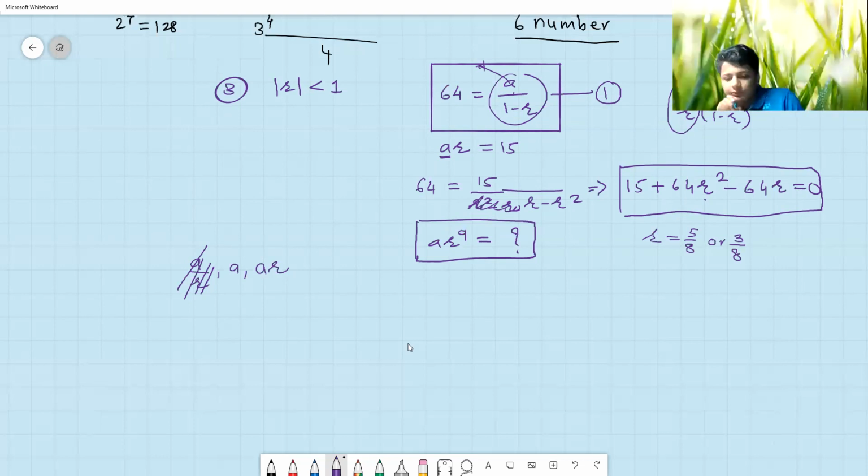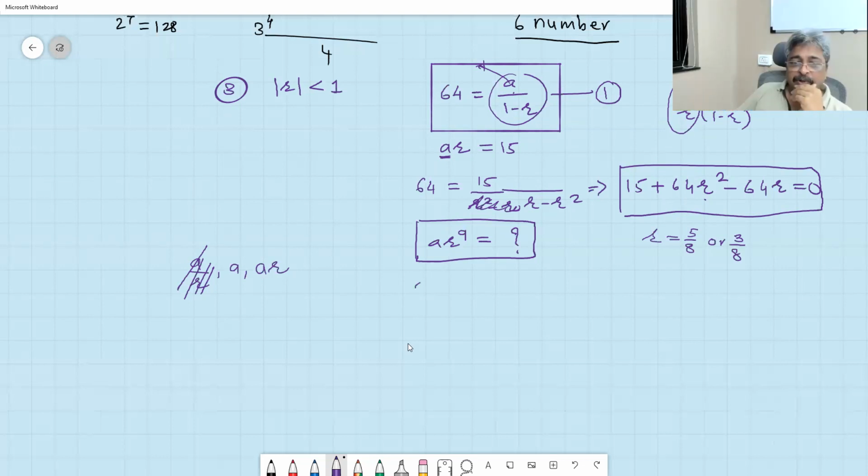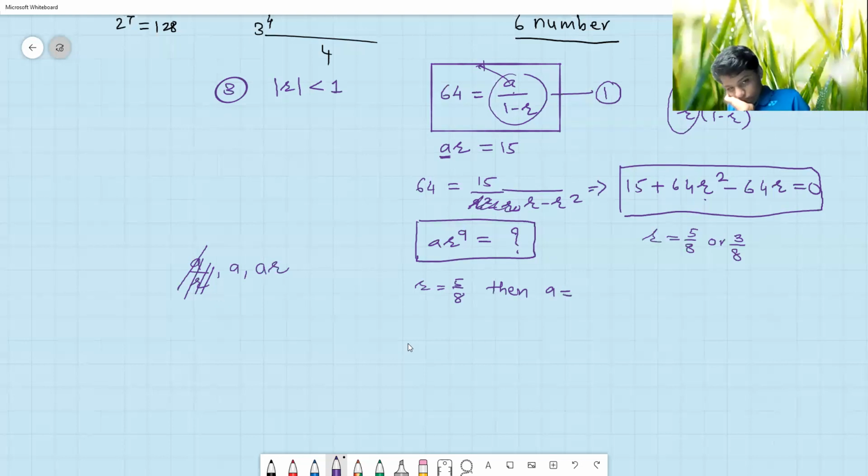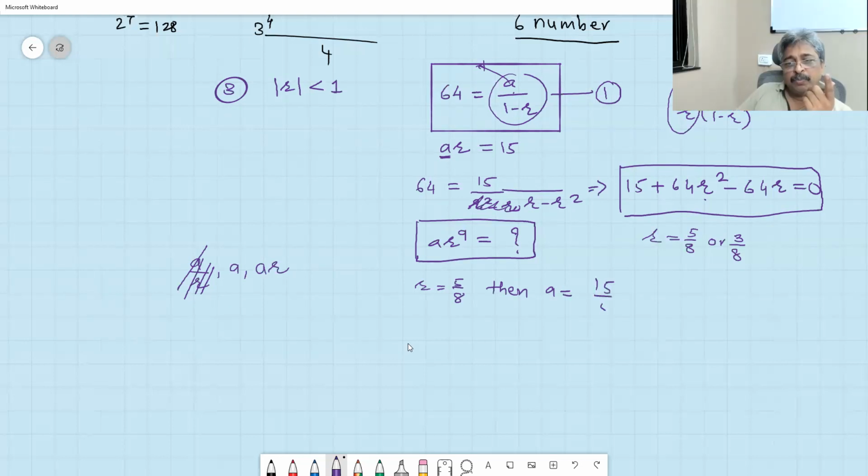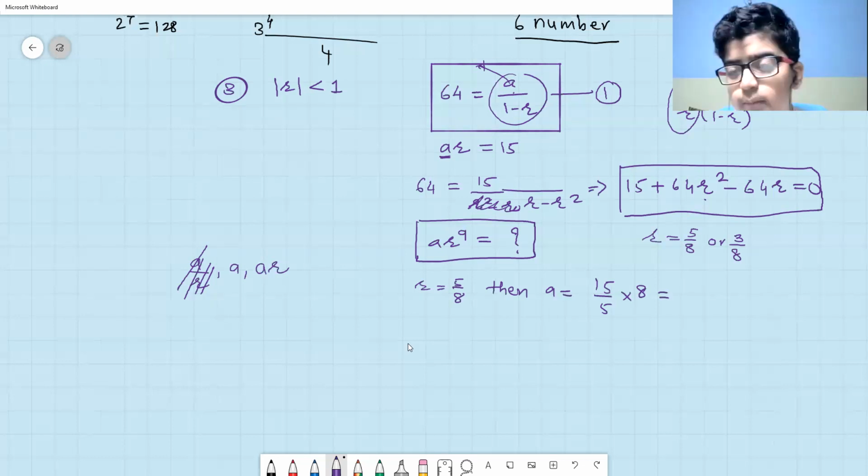So if R is equal to 5 by 8, then A is equal to 15 upon 5 into 8. Yes or no? Yes, sir, it will be 24.